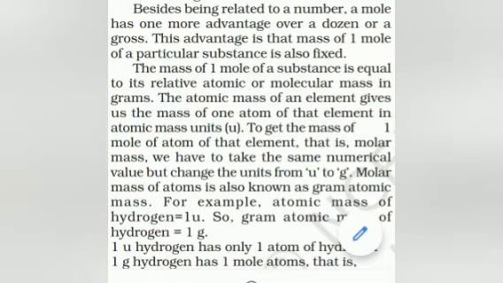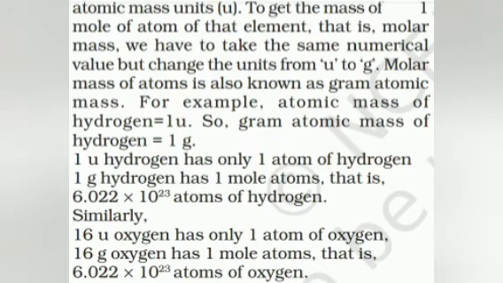So 1 u of hydrogen is 1 atom of hydrogen, and 1 gram of hydrogen has 1 mole of atoms of hydrogen. To get the mass of 1 mole of atoms of that element, that is molar mass, we take the same numerical value and change the unit from u to gram.